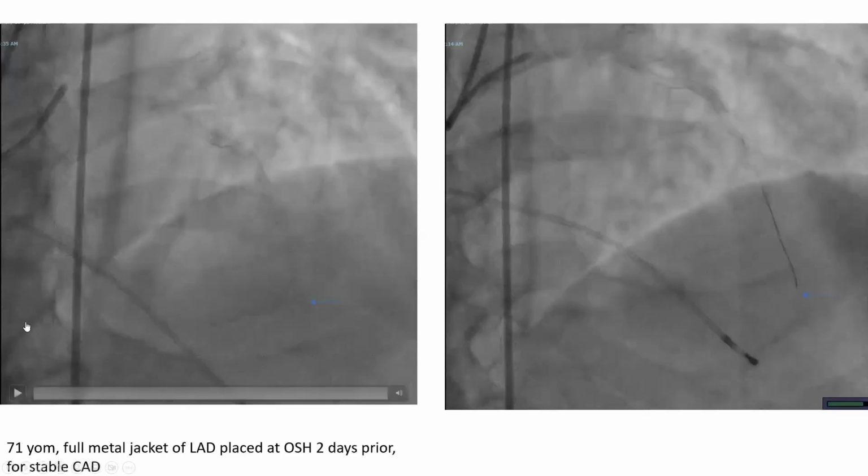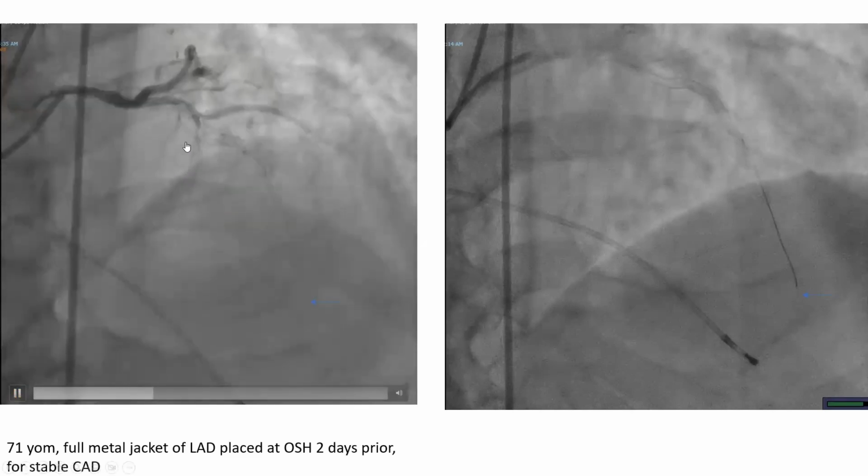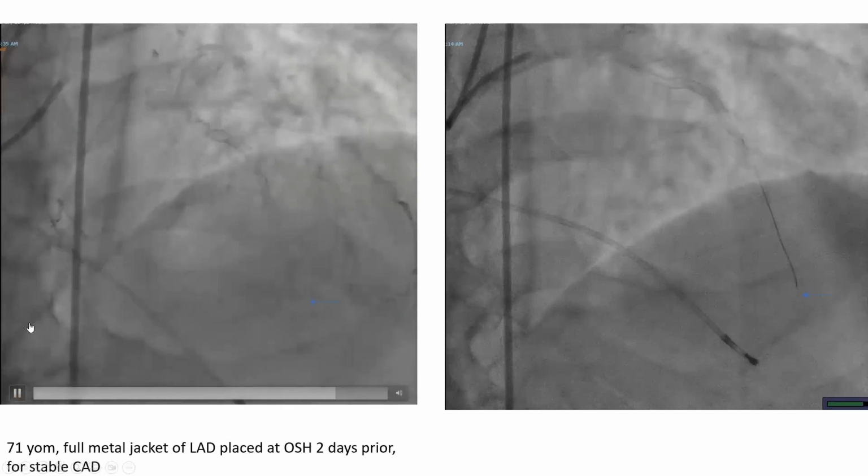Along those lines, this is a 71-year-old man. He had full metal jacket of his LAD placed at an outside hospital 2 days before presenting to us. This stent, this full metal jacket, was unfortunately placed for stable CAD. Look at it.